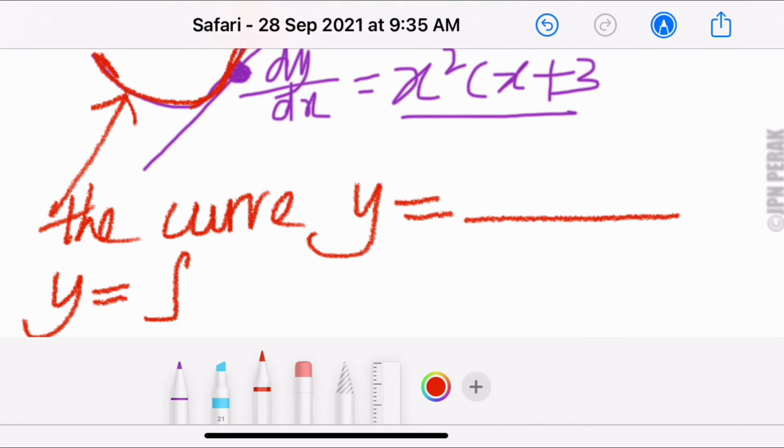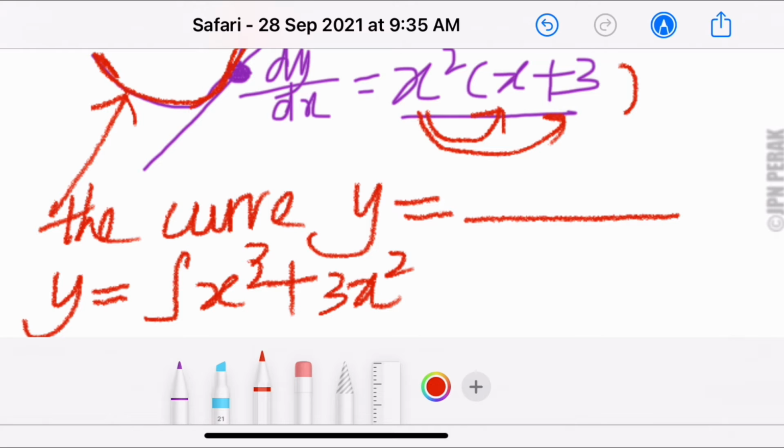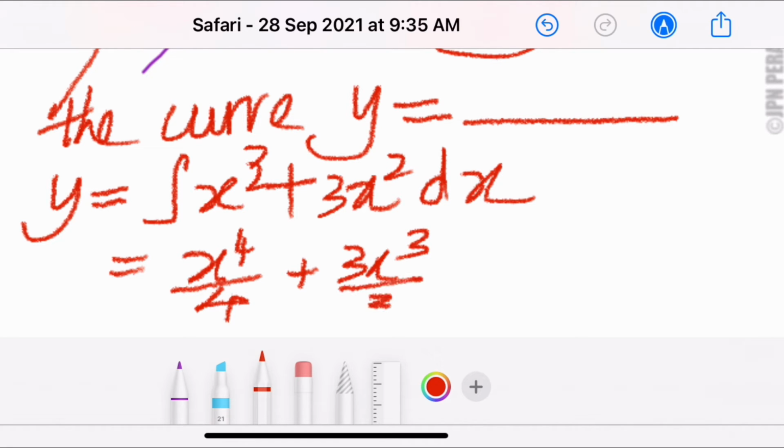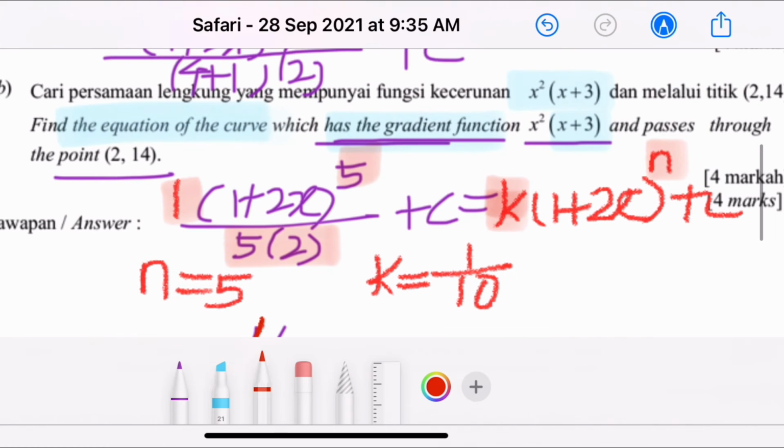So what else? You have to integrate. If possible, you try to expand it first: x cubed plus 3x squared, and then integrate carefully. You will get x to the power of 4 over 4 plus x cubed plus c. Don't forget the c, and I'm very sure they will give you the point so that you can substitute to find the c, isn't it?